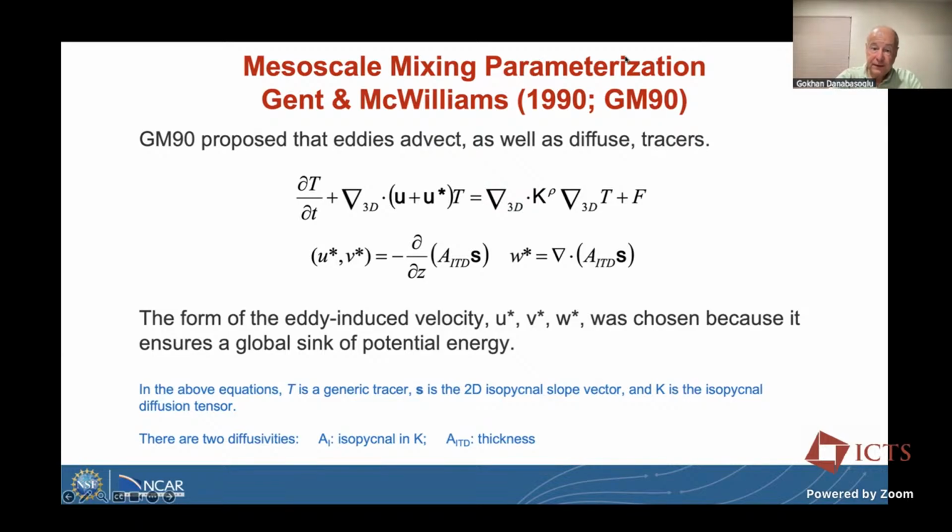They came up with a relatively simple form of parameterization, and they introduced eddy-induced velocities, denoted as u star, v star, and w star here for the zonal, meridional, and vertical components. And they are chosen in this form.